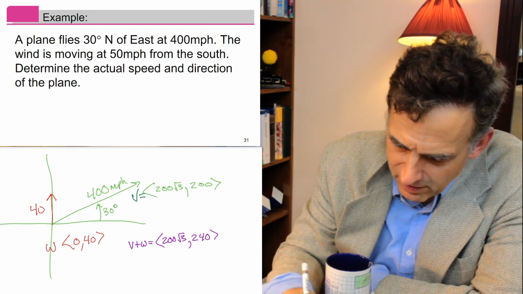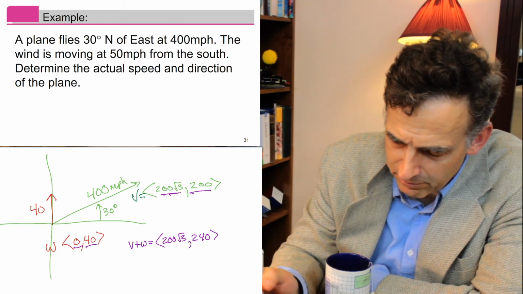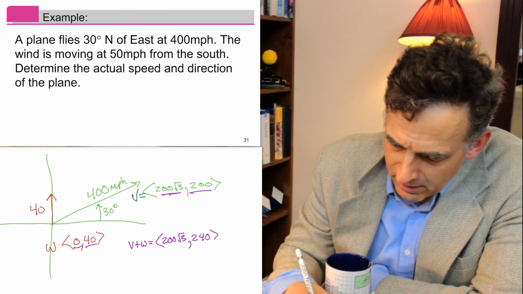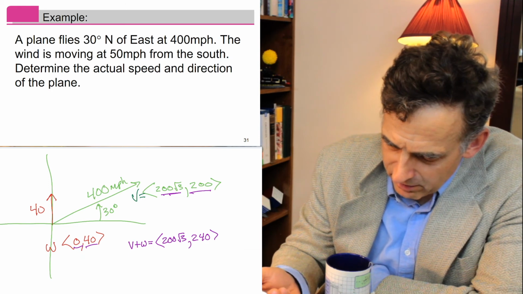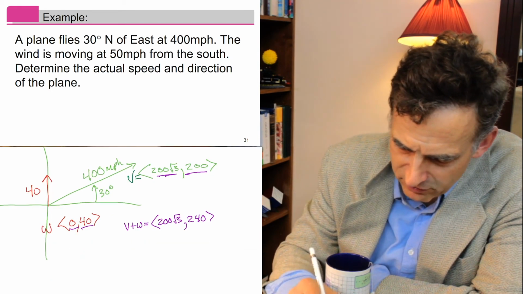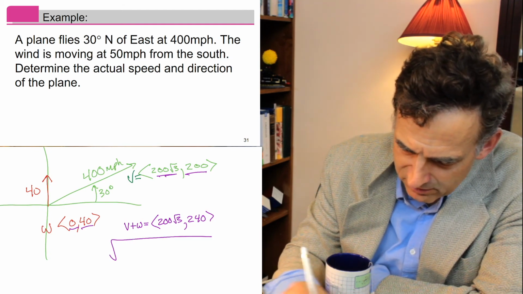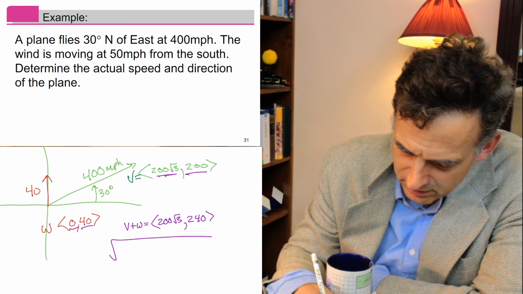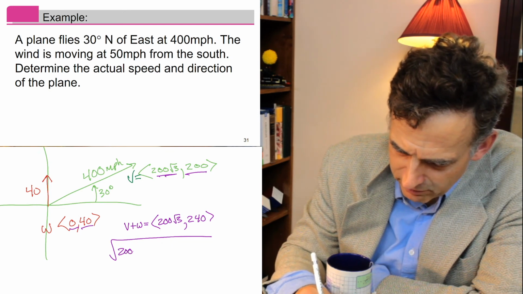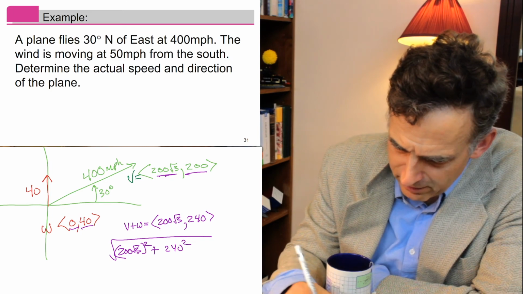So that first component is just 200 radical 3 plus 0, and then 200 plus 40. So what do we got here? We're pretty much done other than getting the magnitude. The magnitude is the square root of 200 radical 3 squared plus 240 squared.